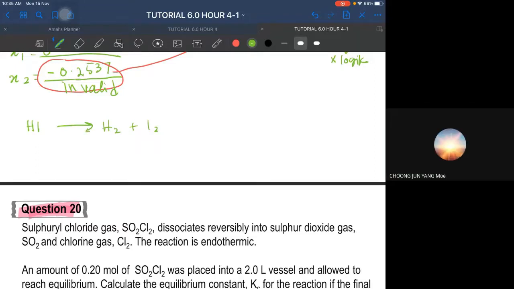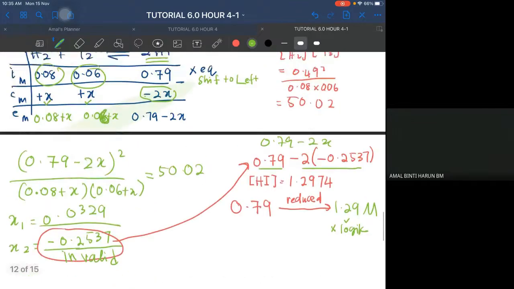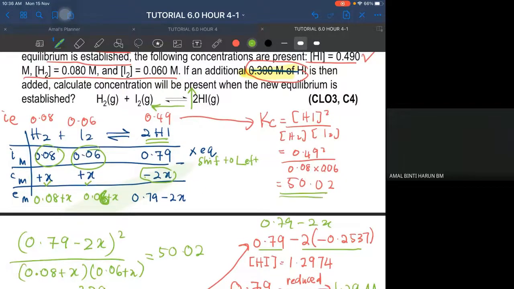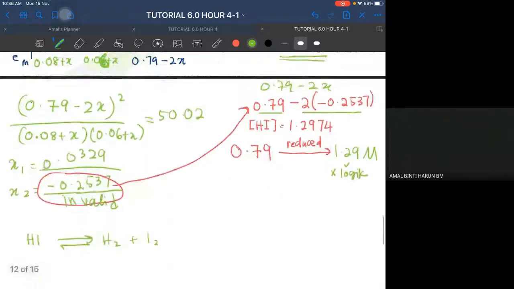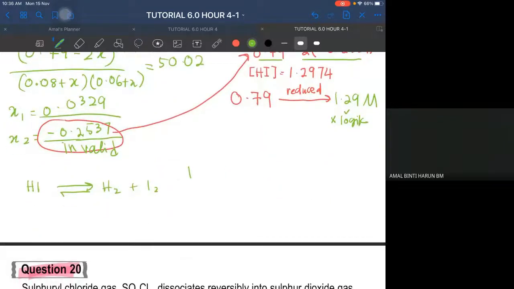Ya. If you reverse this equation, this Kc is no longer 50.02. It becomes 1 over the Kc, which is 1 over 50.02. That is your new value of Kc if you reverse the equation.